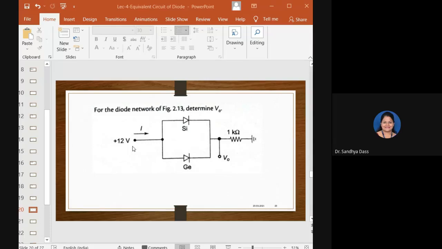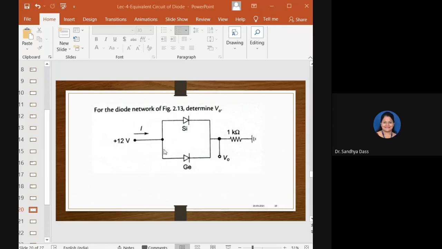Now, the applied voltage is 12 volts. The cut-in voltage of the germanium is 0.3 volts. The cut-in voltage of the silicon type diode is 0.7. When the applied voltage is 12, which diode will first conduct or turn on? Germanium, isn't it? 0.3 volts is enough to turn on this diode.